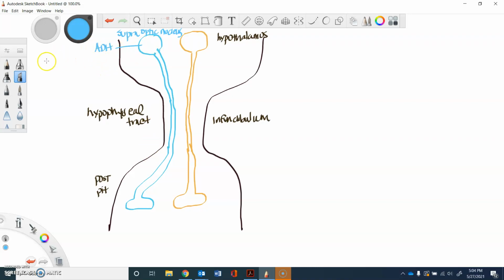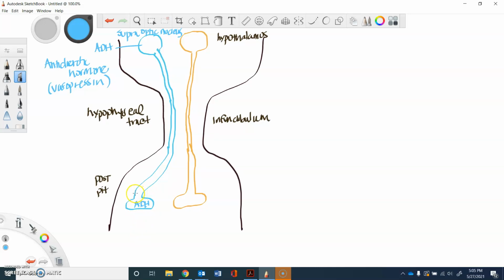So ADH is antidiuretic hormone. It's also called vasopressin. It's another name of it. Okay, so antidiuretic hormone is going to be sent down the axon through the hypothalamic hypophyseal tract here, and it is going to be stored in the axon terminals here.